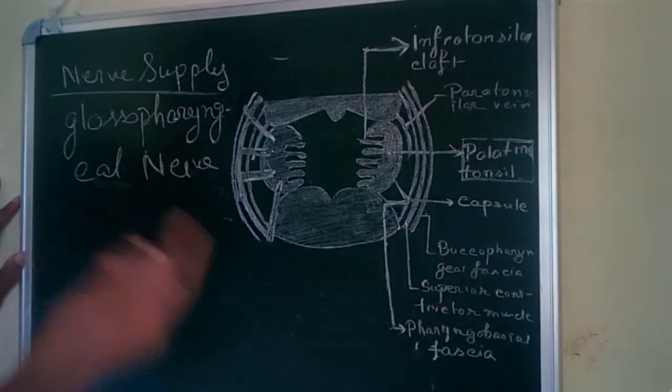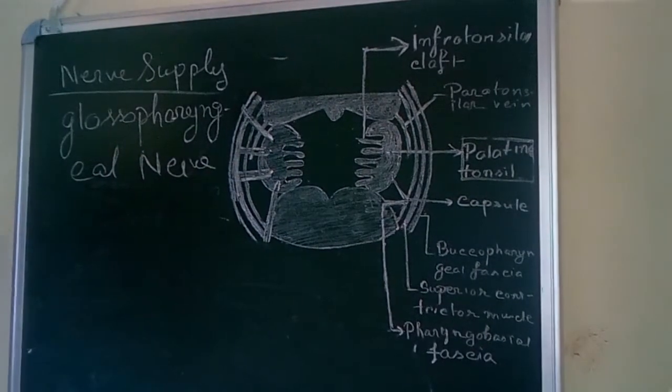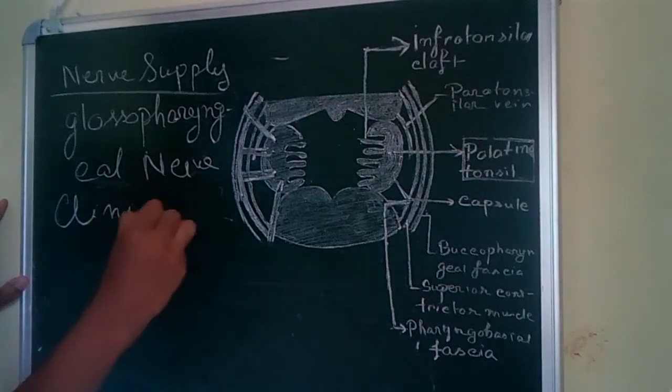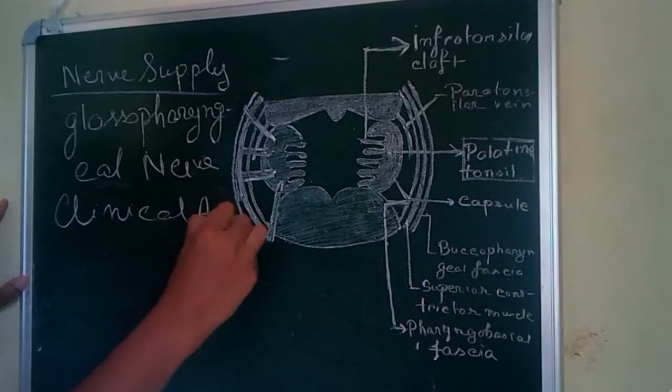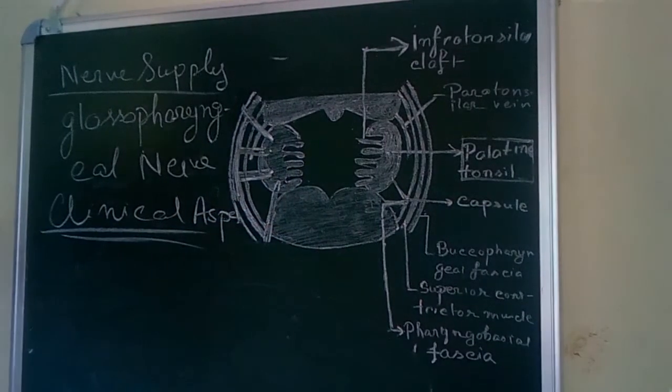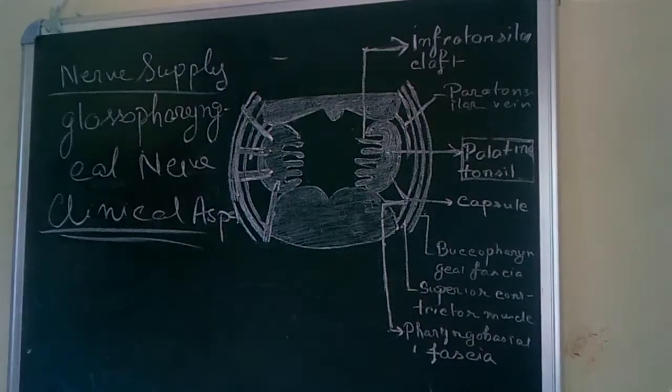Now the clinical aspect. You have heard that the tonsils are large in children up to puberty and atrophy by adulthood. They increase in size in childhood due to repeated infection causing tonsillitis, which is treated by antibiotics.